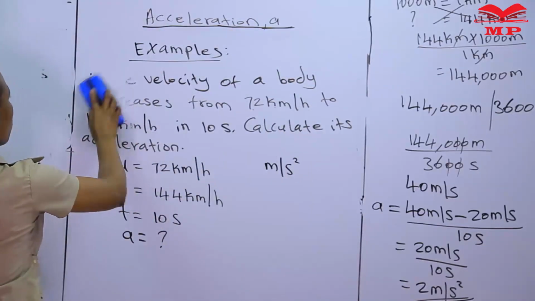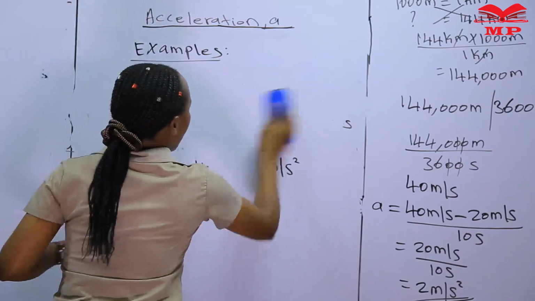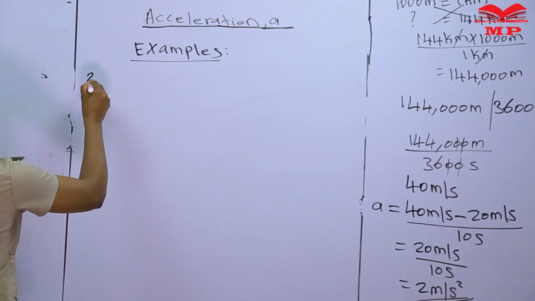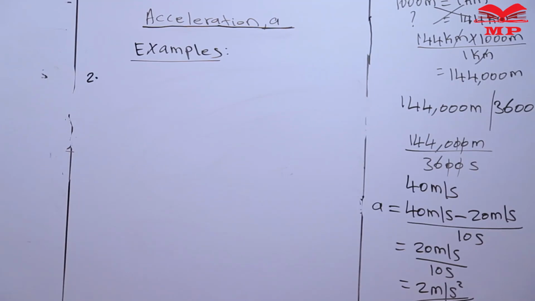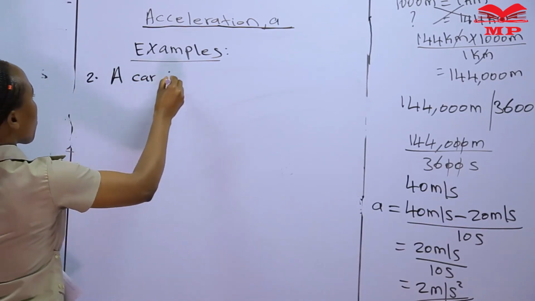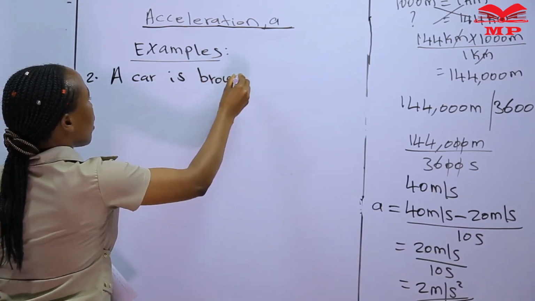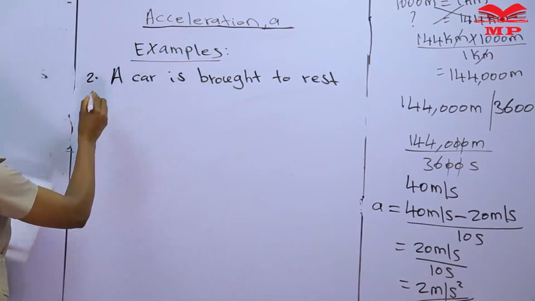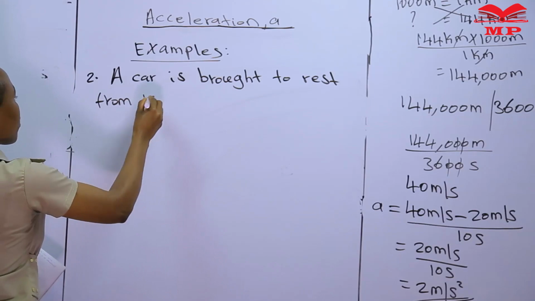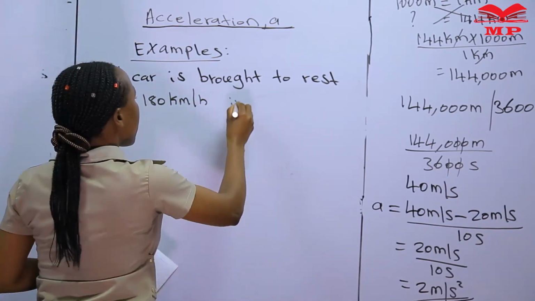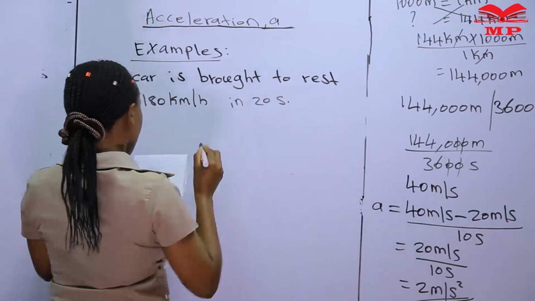I want us to do an example 2 on acceleration again. Question number 2. A car is brought to rest from 180 kilometers per hour in 20 seconds.